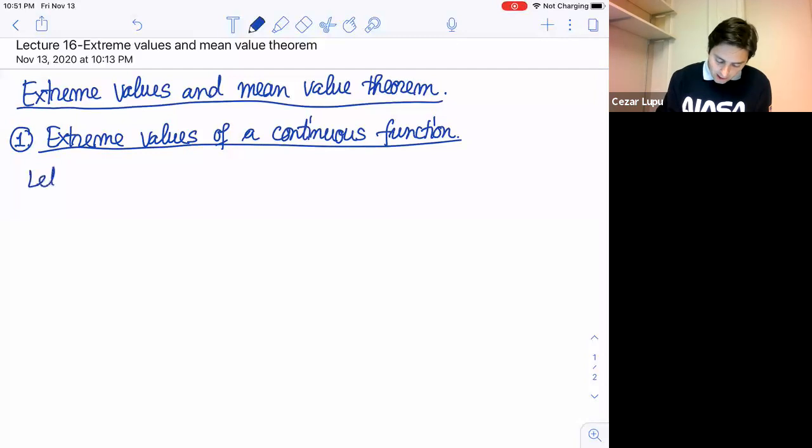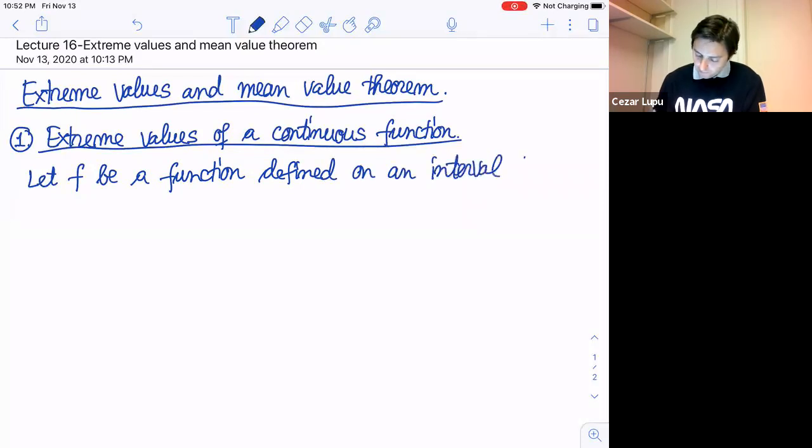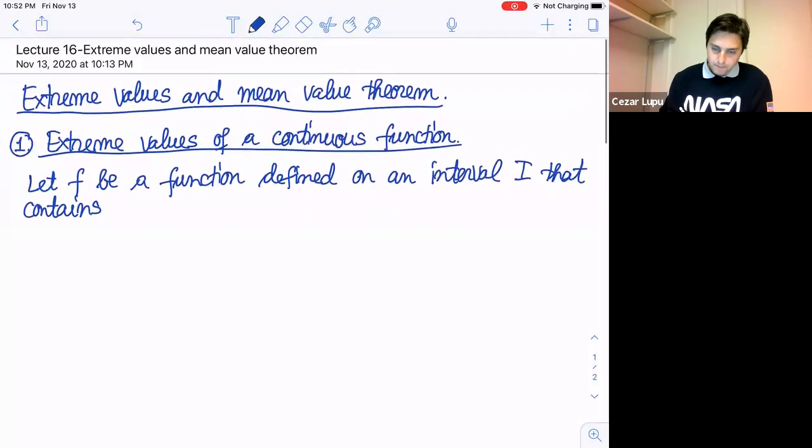So, okay, now let f be a function defined on an interval I that contains the number x naught, let's say.